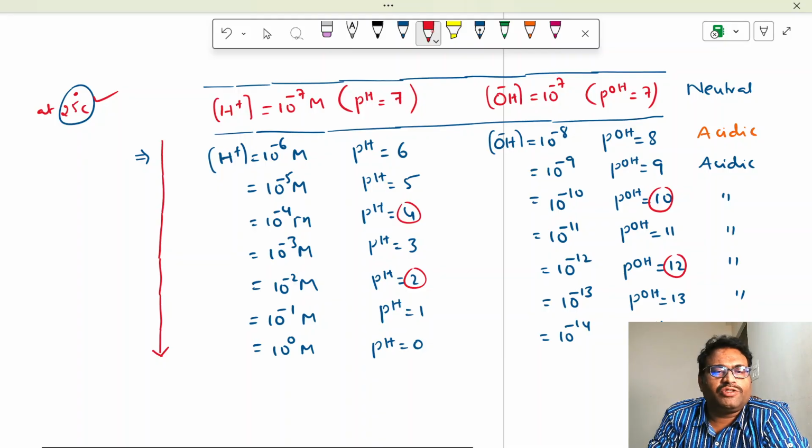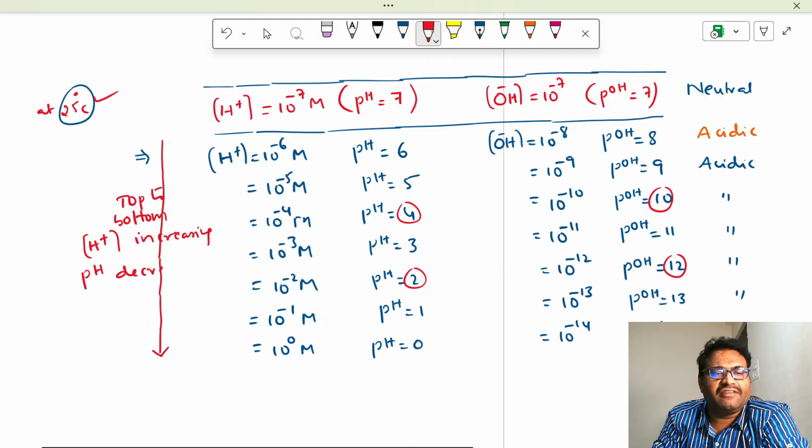Okay, so top to bottom, here especially, top to bottom, H plus ion concentration is increasing. So acidic strength increases. pH is decreasing.